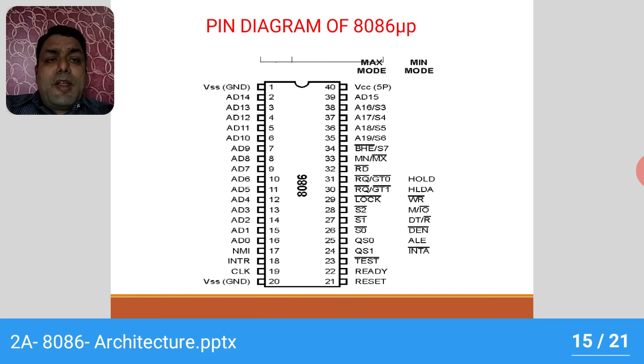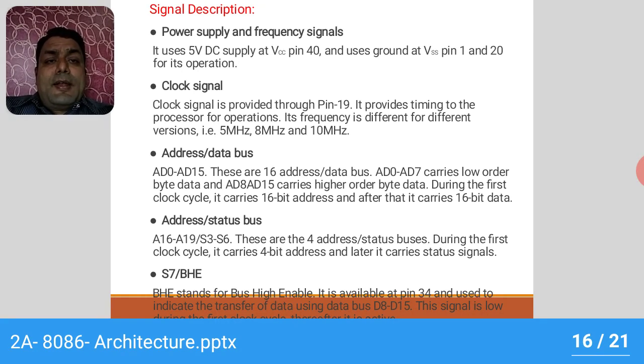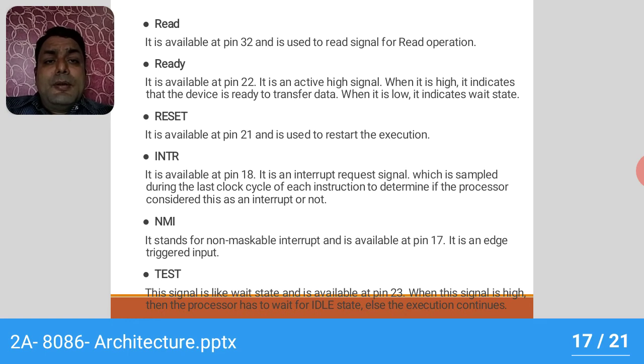This is a brief explanation of the pin diagram of 8086, where it contains power supply and frequency signals, 5-volt DC power supply, clock signal, address and data bus, address and status bus, bus high enable pin, read, ready, reset pin, INTR interrupt, NMI non-maskable interrupt, test signal.